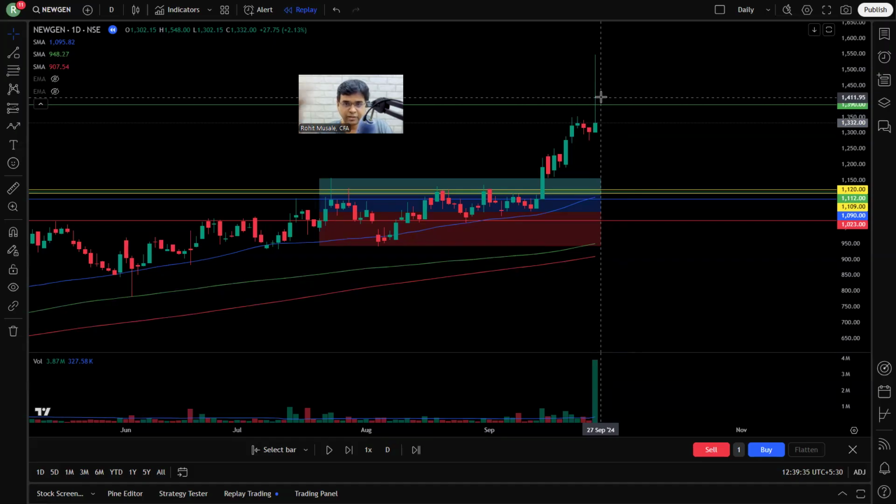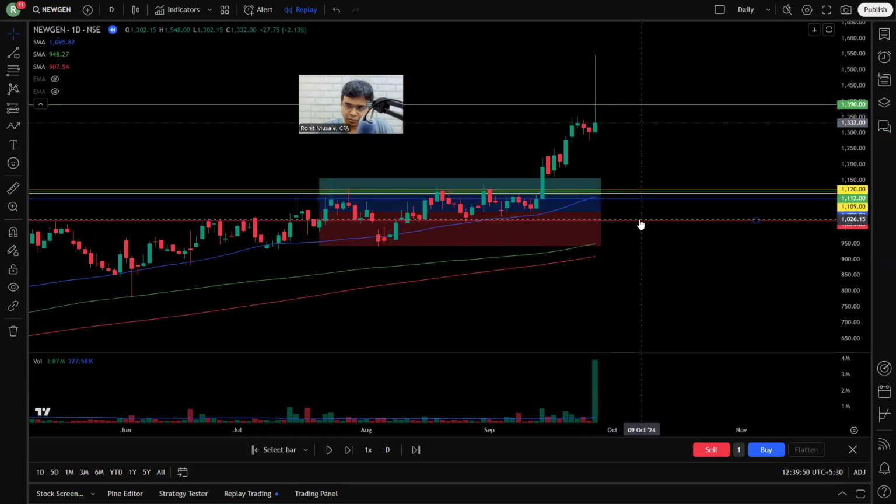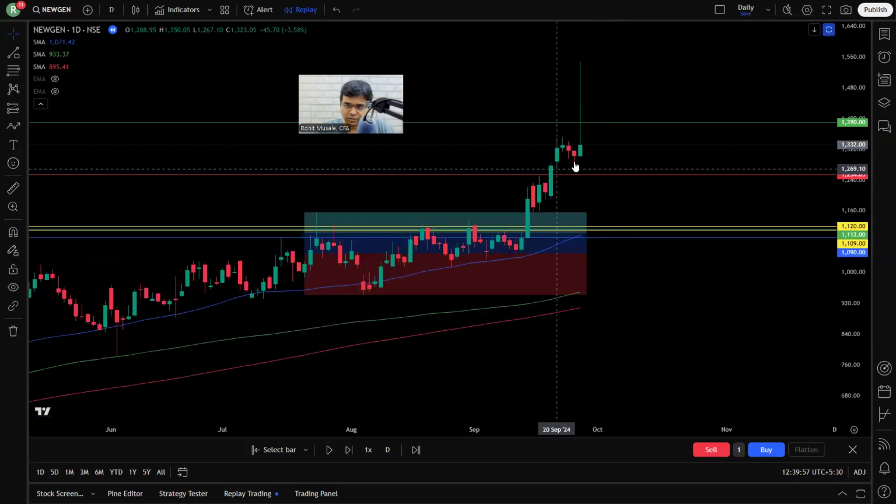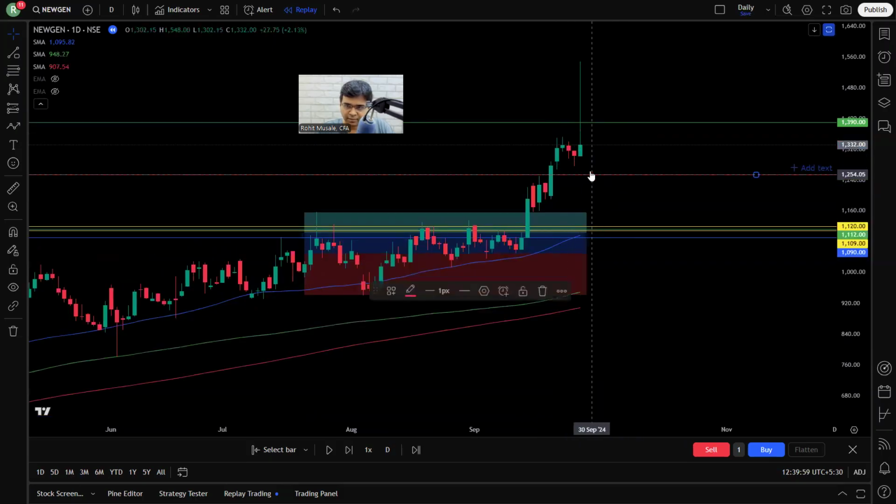Remember, this need not always be below the buy price. It could also be above the buy price, or you could move it to a 10 or 15% level somewhere here, maybe at the low of this red candle.